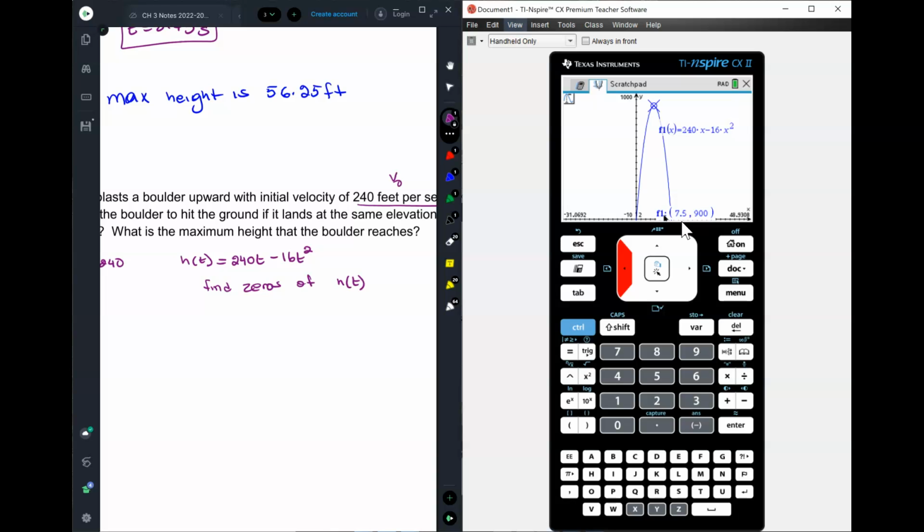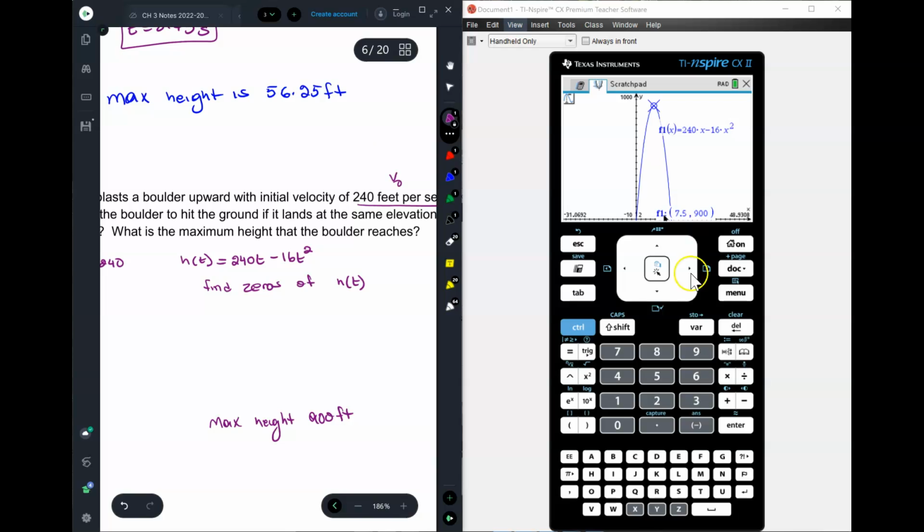Not the distance. What does the horizontal axis represent? Right, the time it took to reach the maximum height was 7.5. And what was the maximum height? 900. Okay? So maximum height, 900 feet.